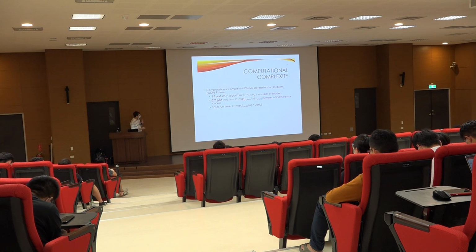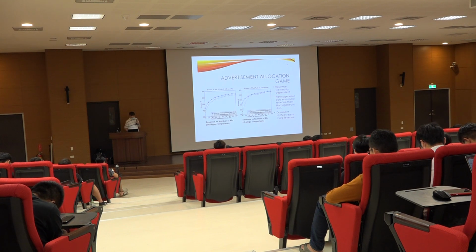So effectively, our total runtime is the number of indifference curves divided by our step increase, multiplied by the number of bidders. What's this? It's just a polynomial time function. Once again, it's not NP-hard.